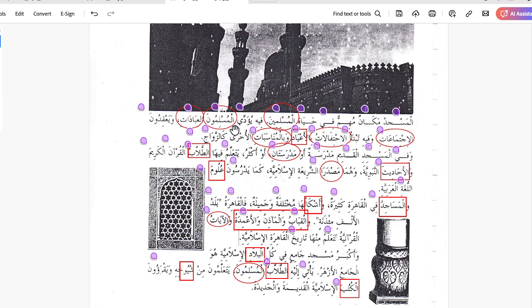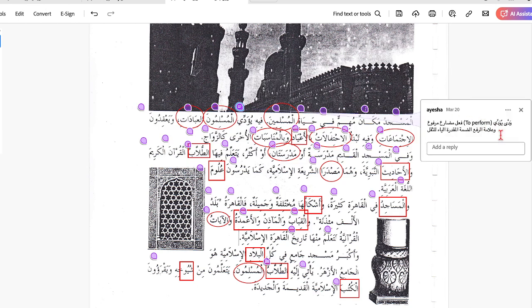Fihi yuwaddiyul muslimuna al ibadati. In it, Muslims perform the worships. So wadda yuwaddiyu, to perform, this is the fail. Yuwaddiyu is failun mudariun marfuun walamatul rafi ad-damma.